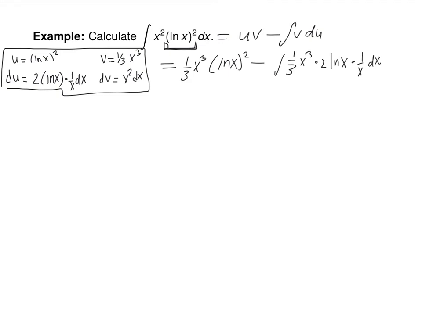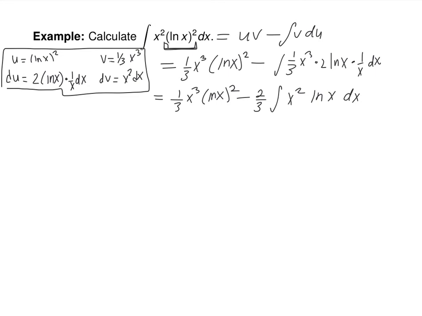I didn't simplify that on purpose just so you could see what goes where, but if you can do this on your own and simplify quickly, that's not a problem. So we have 1/3 x cubed ln of x, the quantity squared, minus, the coefficient that we have there is 2/3, that can be factored out. The x cubed times 1 over x just makes x squared, and the ln of x is still hanging about. There we go.